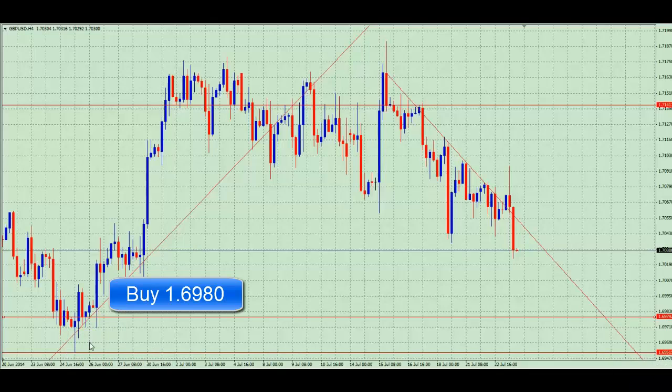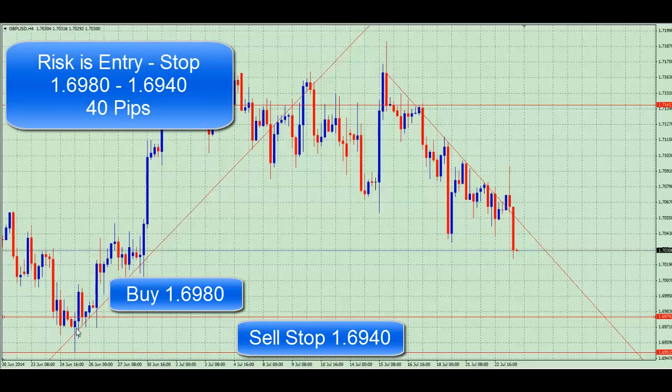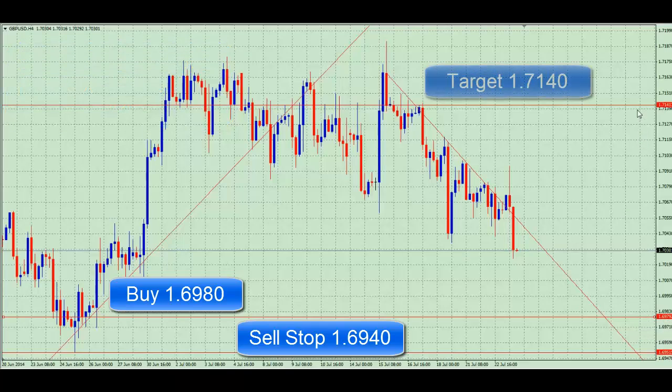so that's a 30-point risk. We might want to extend that to 40 points to allow for slippage, etc., give us plenty of space. So we've now got a 40-point area of risk, and if we look to take profit up here at the 171.40, so that's going to be from the 169.80 to the 171.40. What's that?